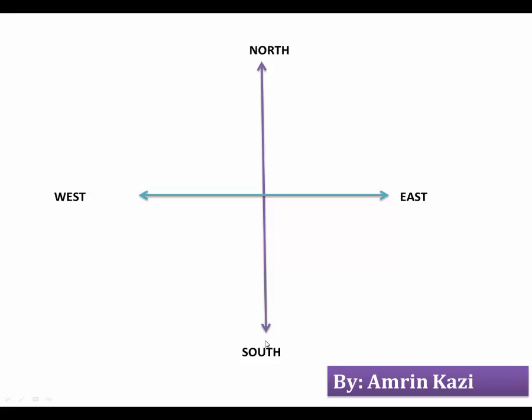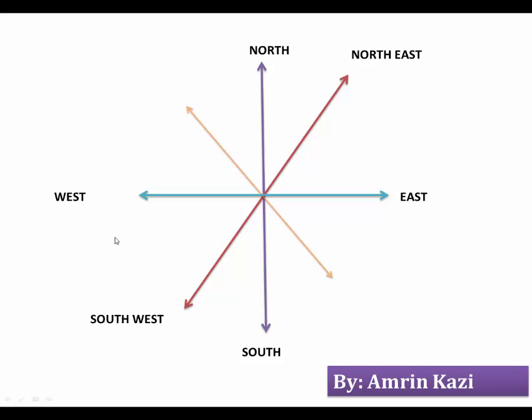Okay, now the subdirections are northeast, which lies between the north and east, southeast, northwest, and the fourth subdirection is southwest.